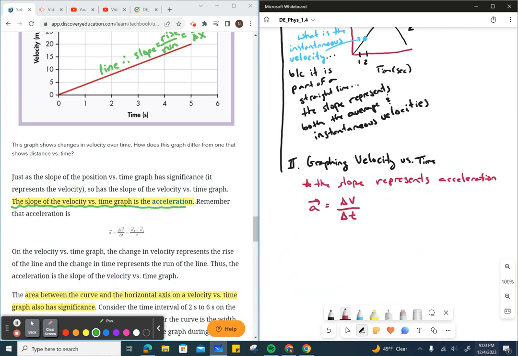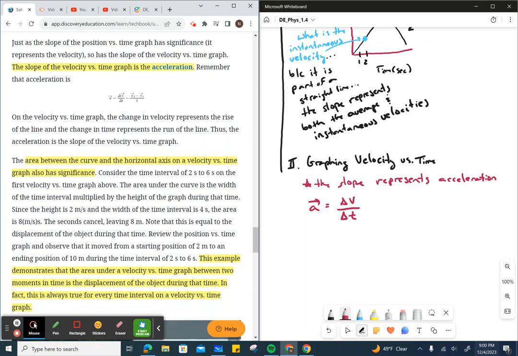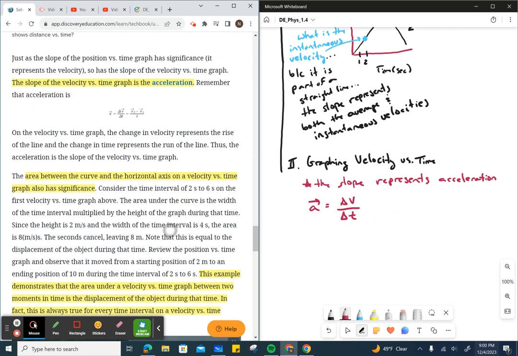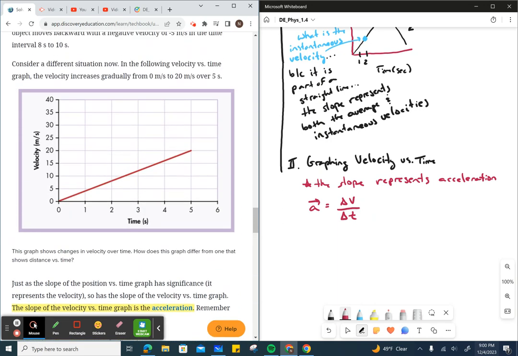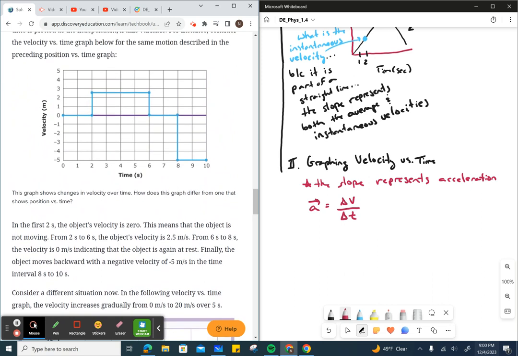The area, now this is interesting down here. The area between the curve and the horizontal axis on a velocity versus time graph also has significance. So what they're talking about now is the area under the curve.